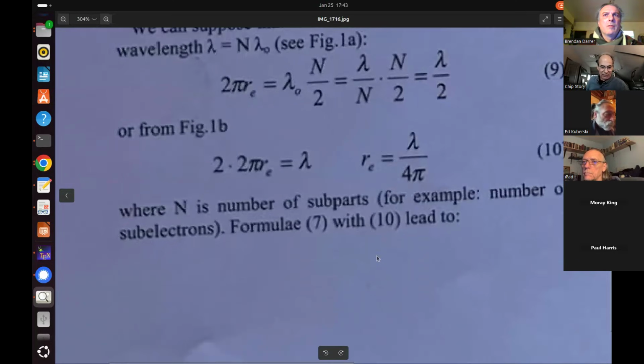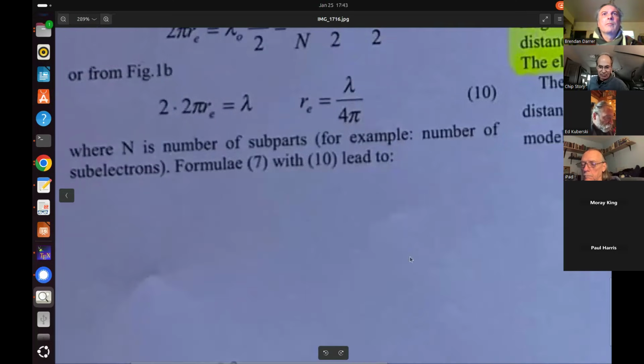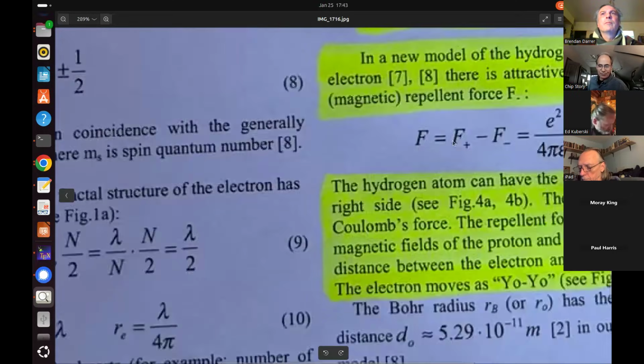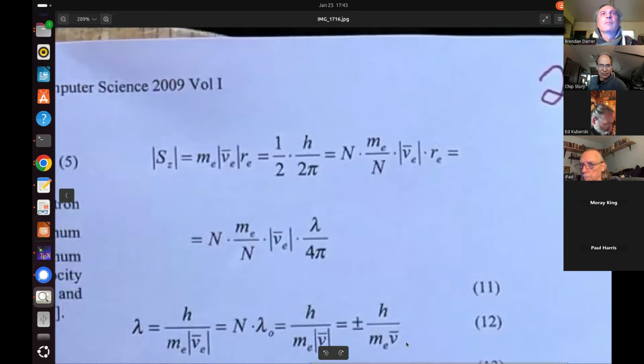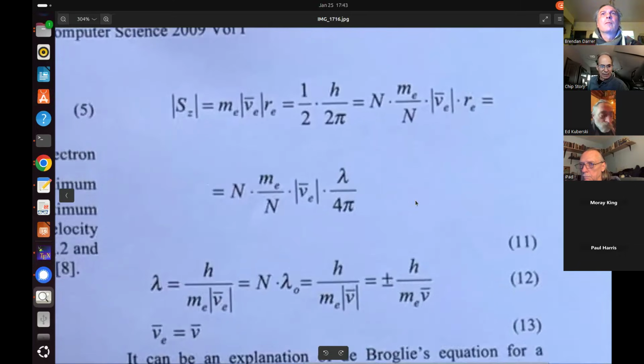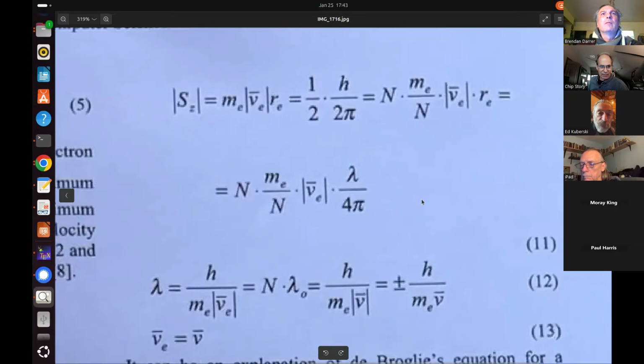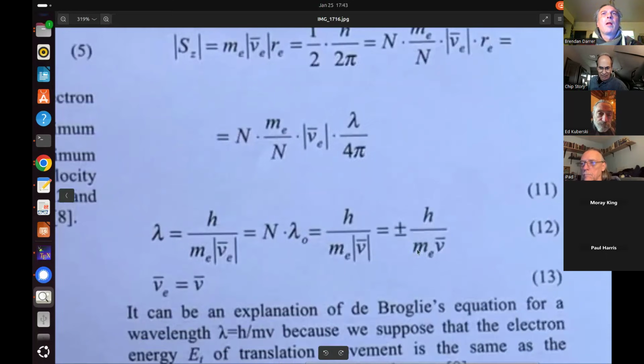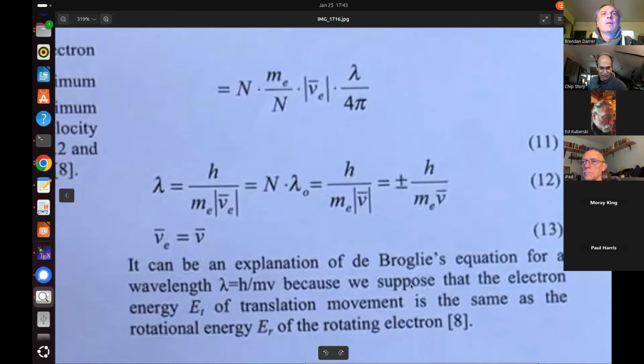And continuing down, formula 7 leads, on the next page, to the description for S sub Z. Let's parse through that very quickly.